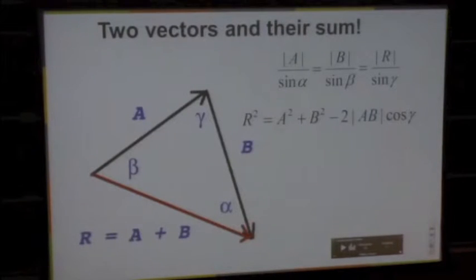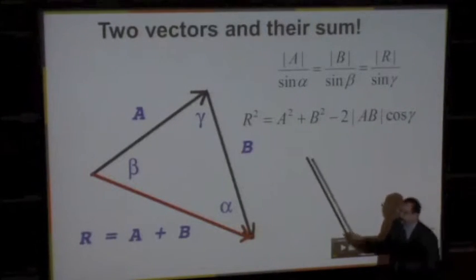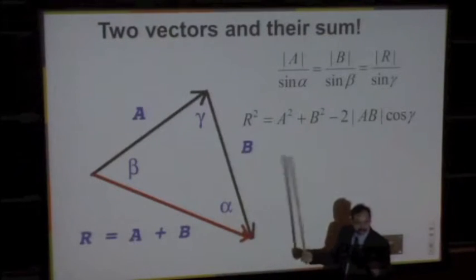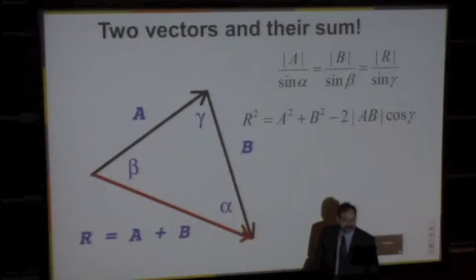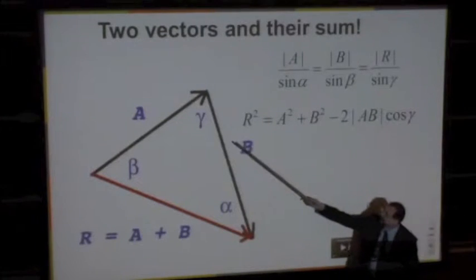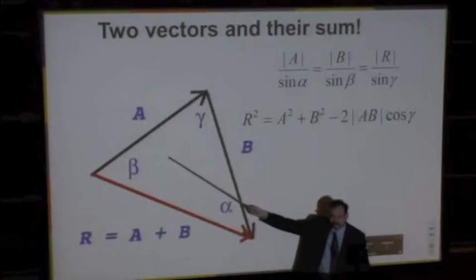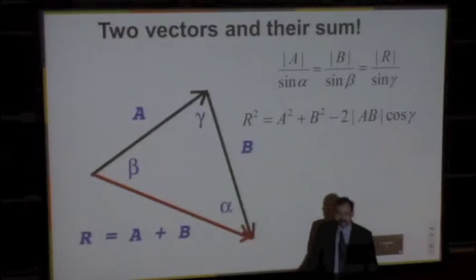And option two, we can use another math. As we remember, we also have two theorems in math, sine theorem and cosine theorem. So for example, if you have a triangle like that, and if you know this angle and these magnitudes, the cosine theorem immediately gives you the magnitude of the resultant.